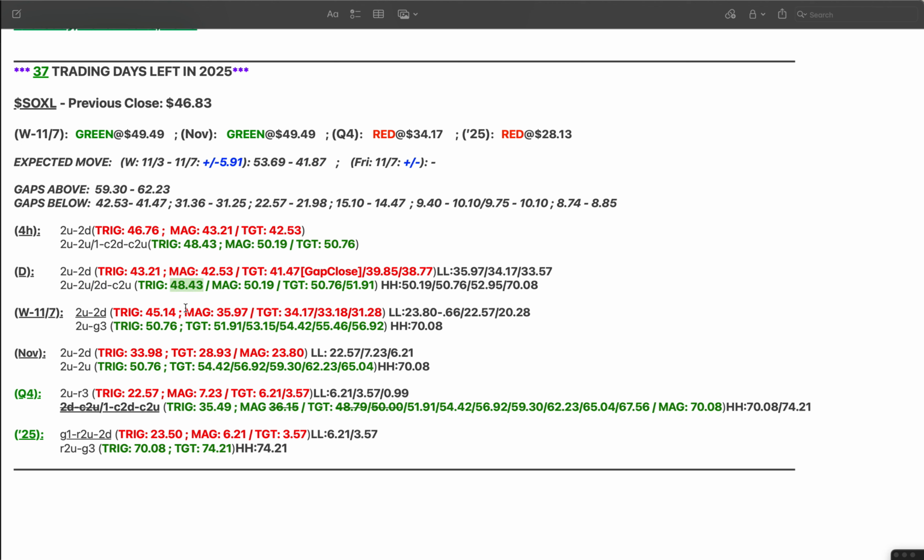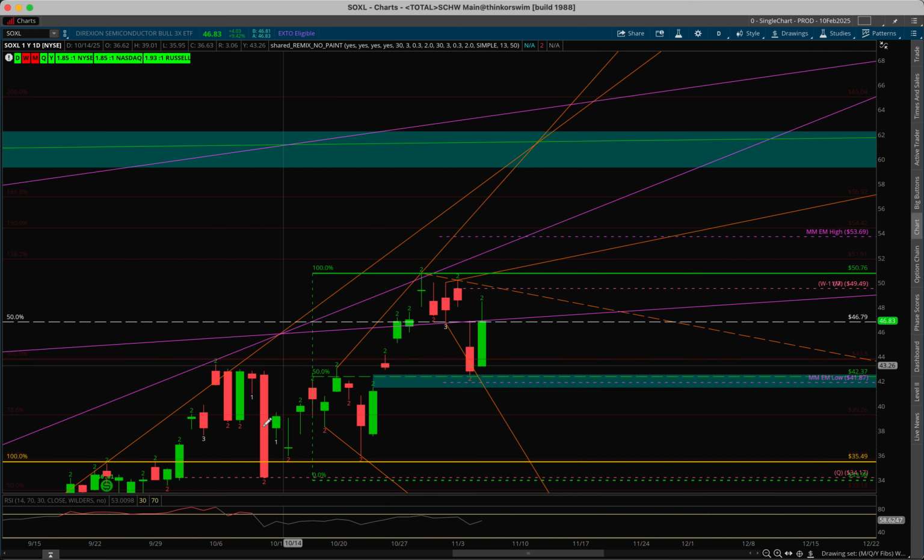That triggers at 48.43 and gives us a magnitude of 50.19. Plays right in with the 4-hour 1 combo 2 down, combo 2 up as well. And then we've got the 50.76 as an extended target, which is a higher high on the 4-hour chart, if I'm not mistaken. But the 51.91 is the 138.2 fib extension of the bull flag from April to July.